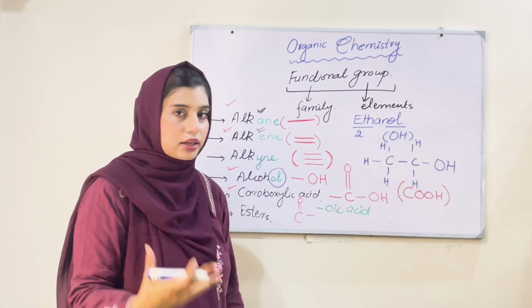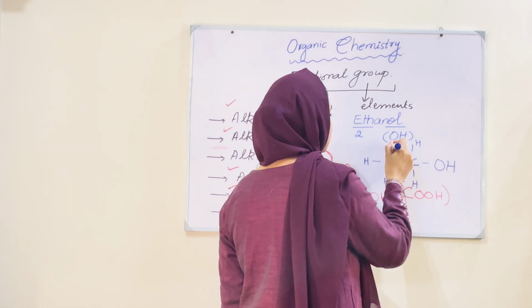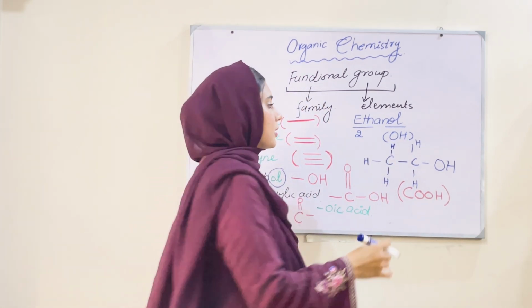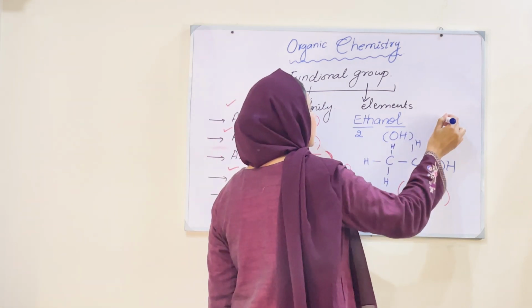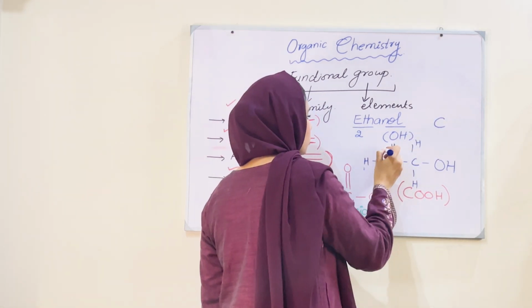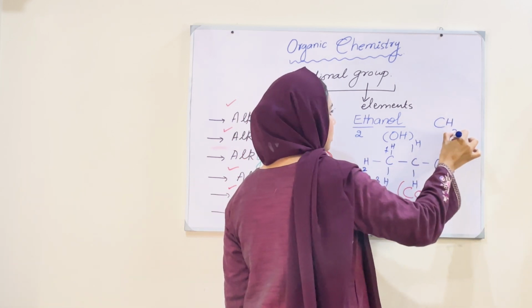This is alcohol. Now if I write the condensed formula, like this is the representation of the whole bonds. Now if I condense this, this particular carbon has 3 hydrogens, so CH3, right?